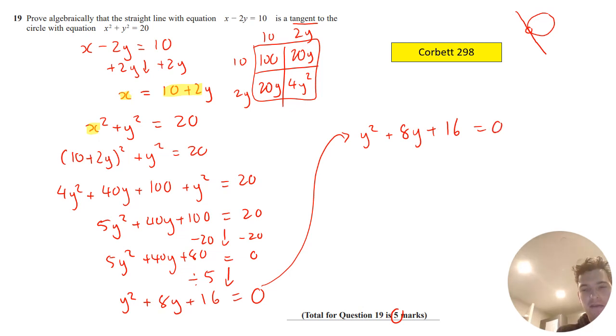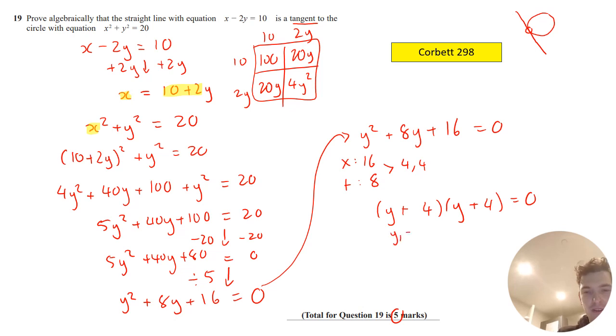And I can now factorize this because I'm looking for two numbers that multiply to give 16 and add to give 8. And hopefully you can see that that is 4 and 4. And that is good news because both y1 and y2 are equal to minus 4. And that's good because I only wanted one possible answer for y.